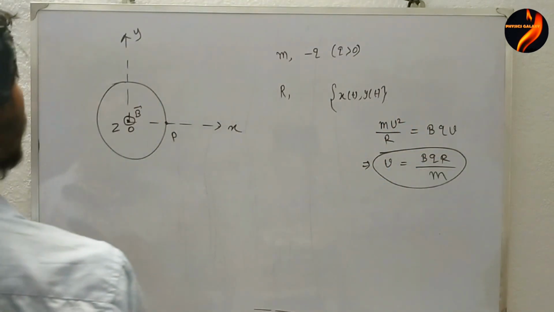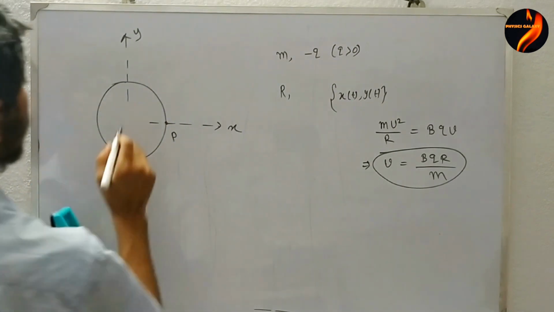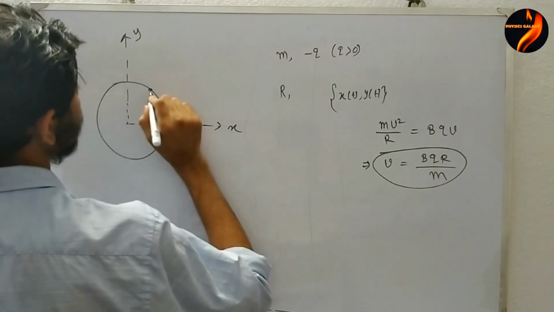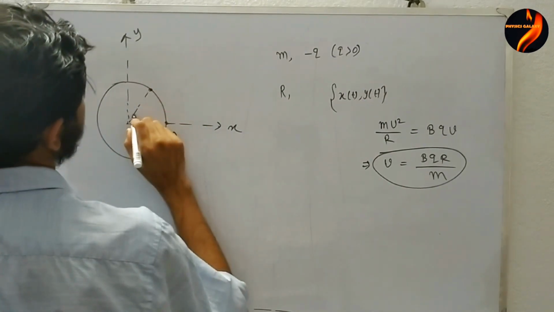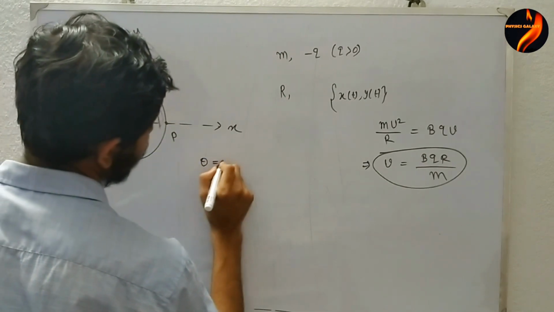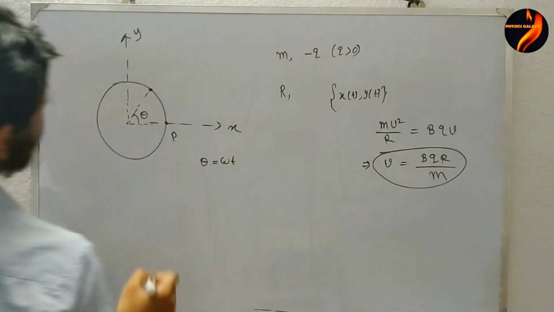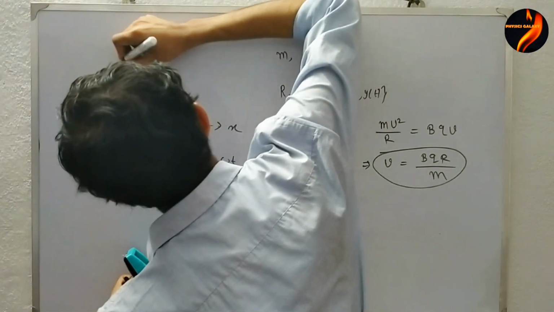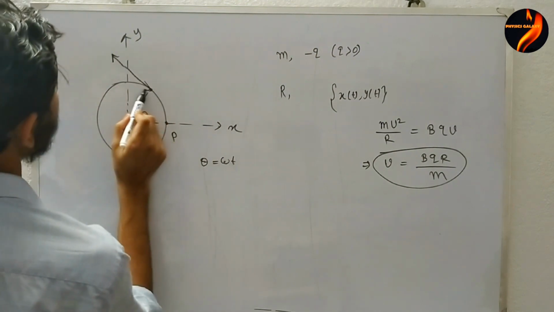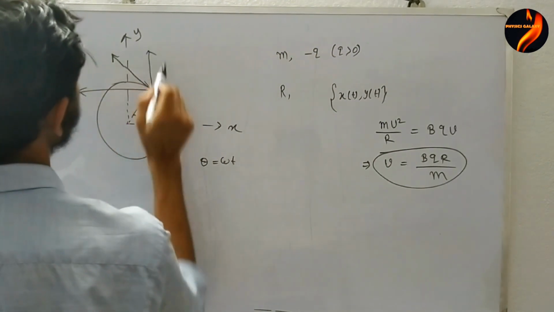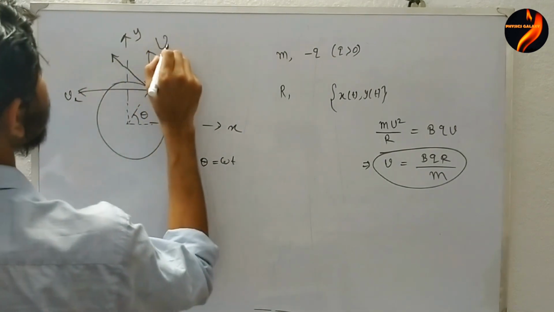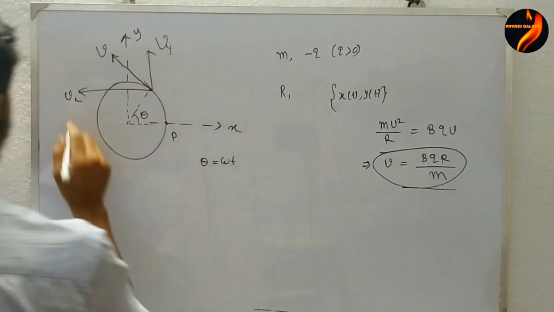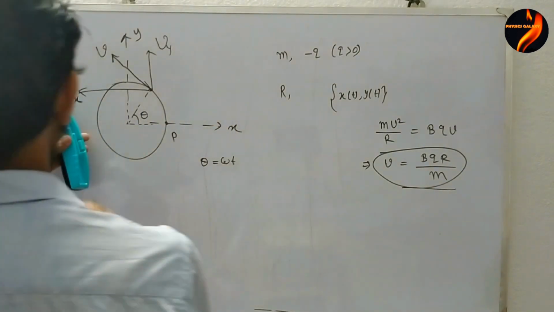Now at any time t, let's say that the particle is here, so this is angle theta, where theta equal to omega t after t time, and the velocity is along that direction. So it has two components. One is in that direction, another is this. This is the Vx and this is Vy and this is the V. Now this V has this value, and I have to find this Vx and Vy.